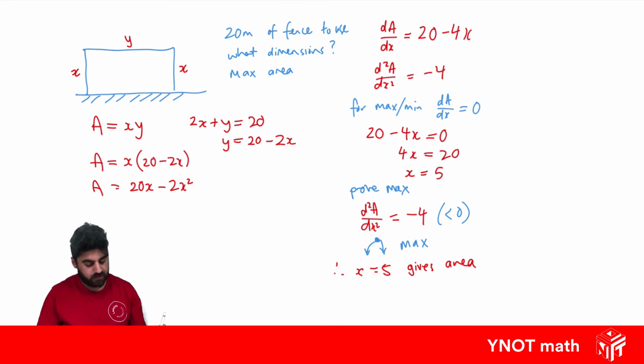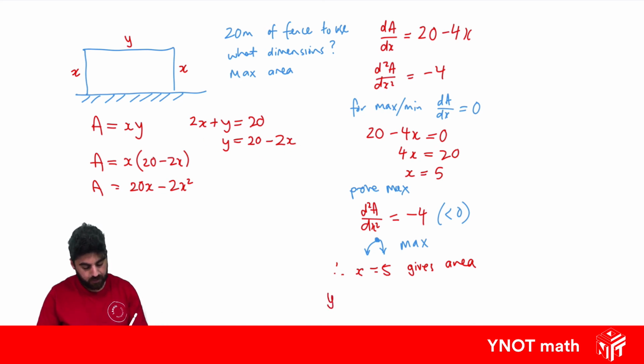And our last step is to always answer the question with these max-min problems. So the question was, what dimensions do we need? It wasn't asking for the value of x. We made up that value of x. So we just need to answer the question. So we know both of these will be 5. So we need to figure out this length here. And we can just sub that into our equation for y.